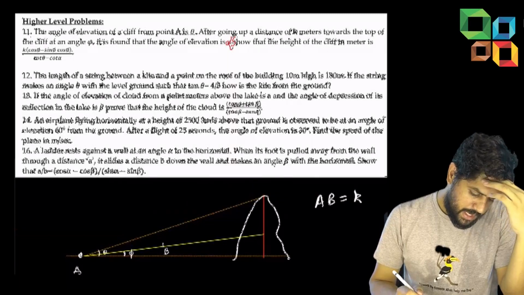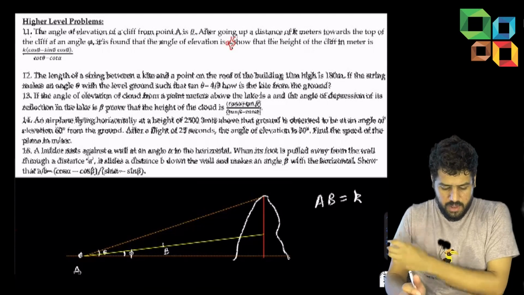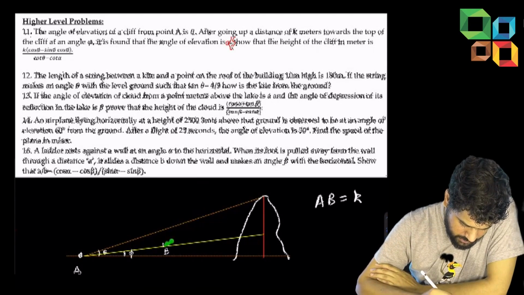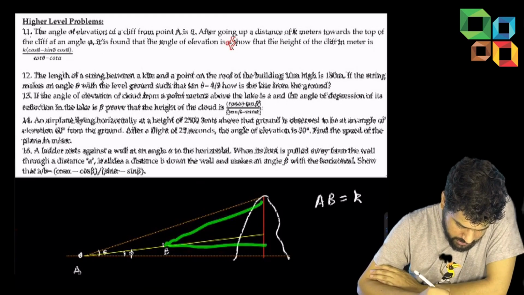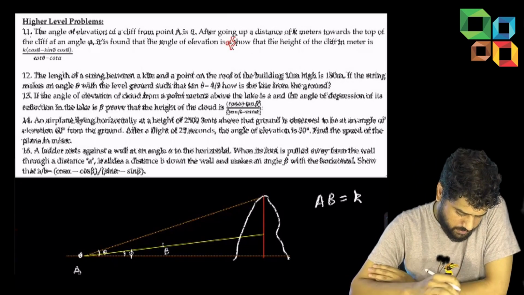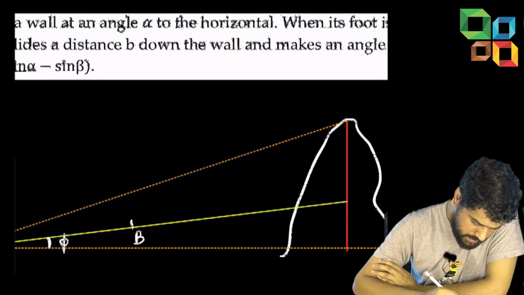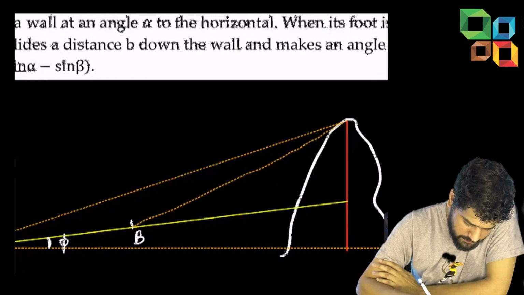Now it is found that the angle of elevation is alpha. So from here, if you look, this angle of elevation is alpha. Slightly complicated, more angles.